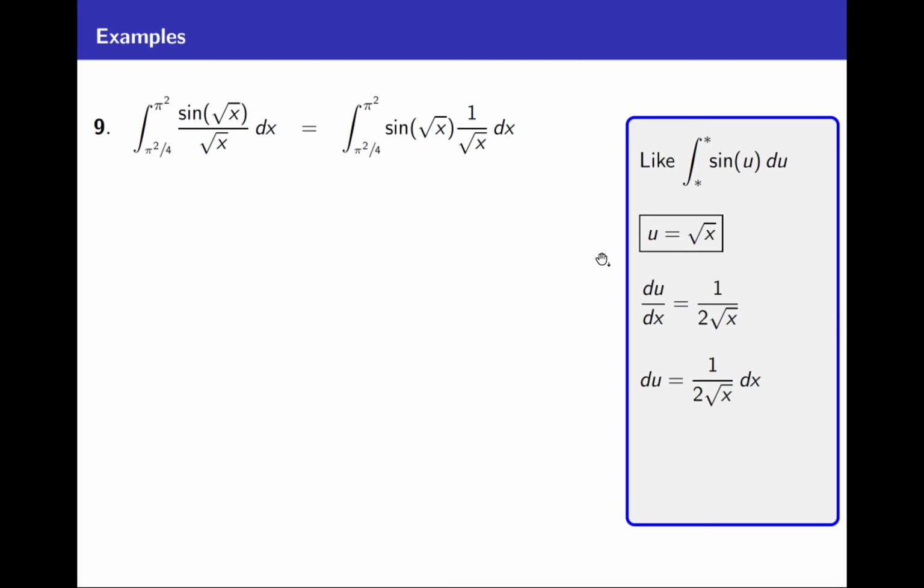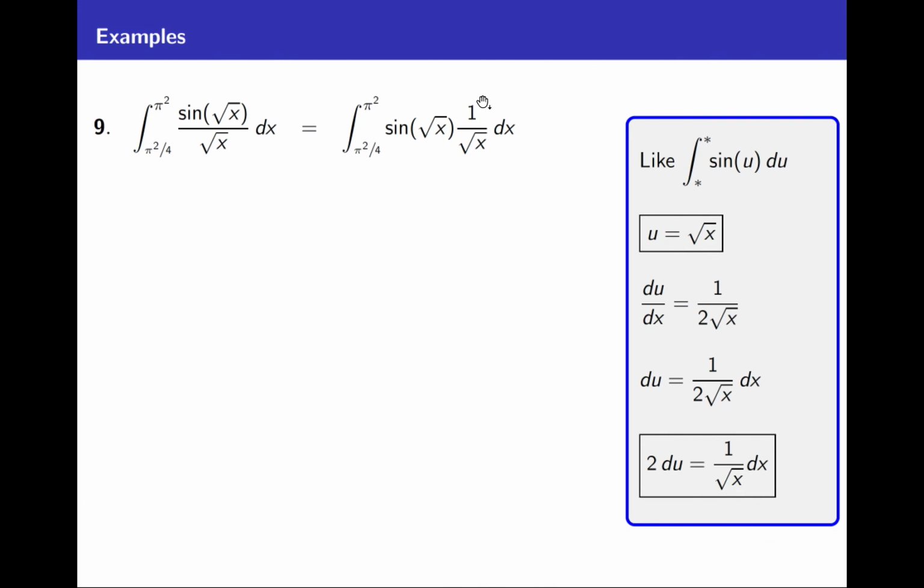And that's very close to what we have over here, 1 over root x dx, except it's got this 2 here. So no problem, we can multiply both sides of this equation by 2 to get 2 du equals 1 over root x dx. And now that 1 over root x dx is a perfect match to what we have here.